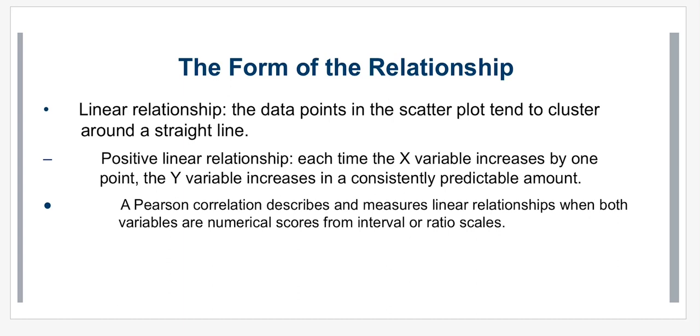The type of correlation mathematically is called a Pearson correlation. And that's the coefficient that I was talking about, that number. It describes and measures linear relationships when both variables are numerical scores from interval or ratio scales. So again, we're talking about numerical scores here.